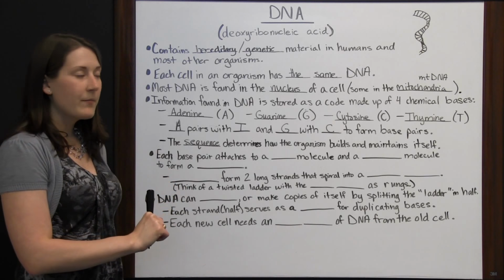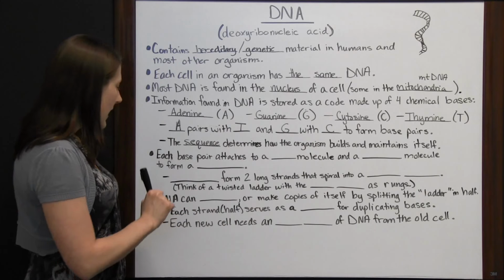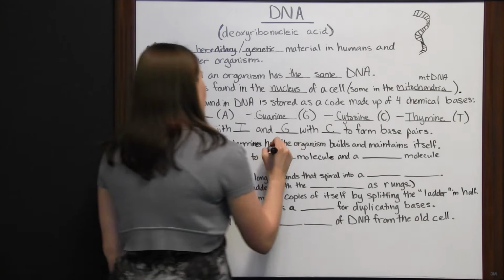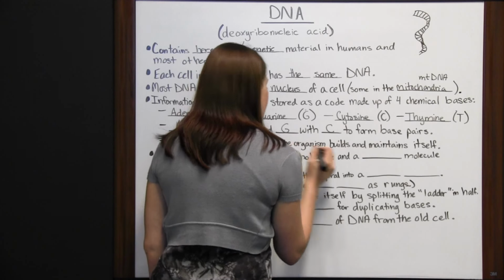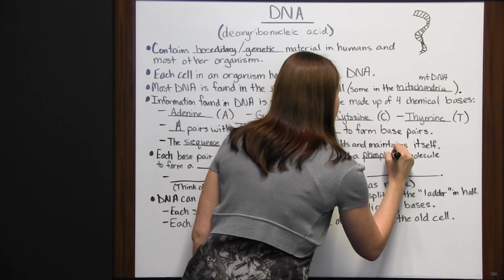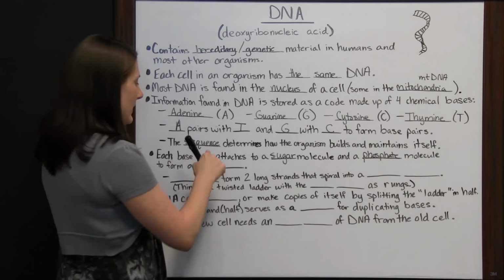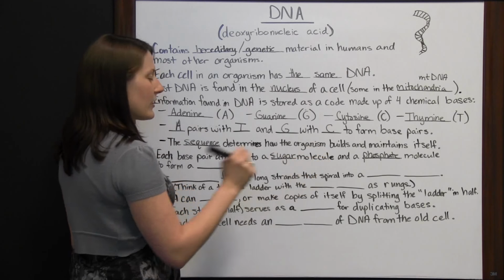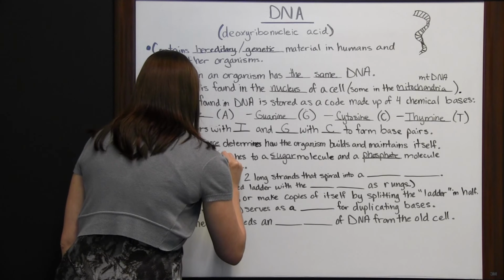Each base pair, so our adenine thymine pair or guanine cytosine pair, is going to attach to a sugar molecule and to a phosphate molecule. And once a base pair attaches to the sugar molecule and phosphate molecule, it forms a nucleotide.